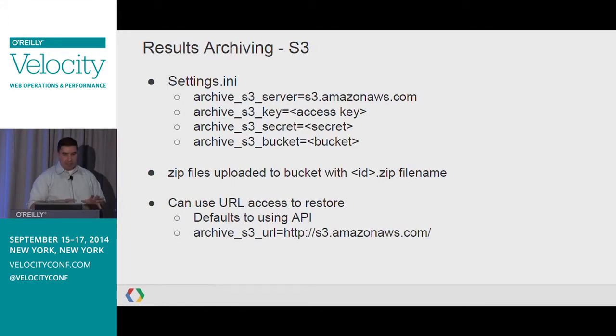So if the service you're using can talk S3 for uploading files but not for fetching, for whatever reason, you can use that route. That's what we do for the HTTP Archive: it's using the Internet Archive storage, which is S3-like but not actually S3. Each test just gets uploaded as a zip file to the bucket, and however many you archive is how big your bucket's going to get. It doesn't do any hashing or directory trees or anything like that.